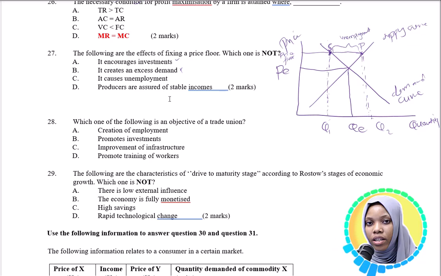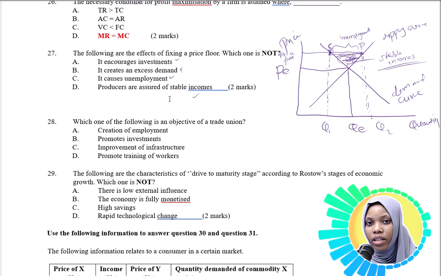So price floor causes unemployment, and producers are assured of stable incomes. And when they produce here at this juncture, then this is the stable incomes. If they can meet the demand all here, then this is stable income.